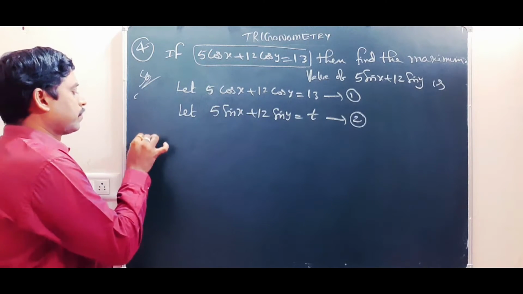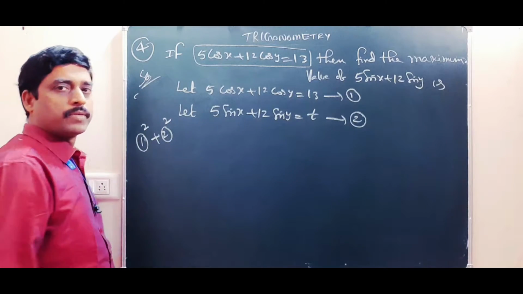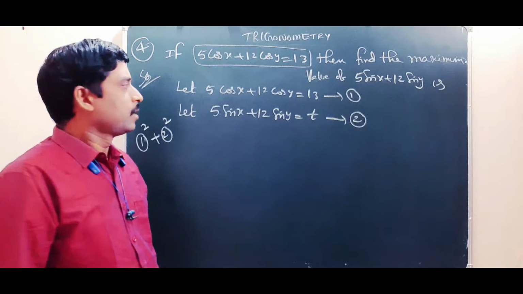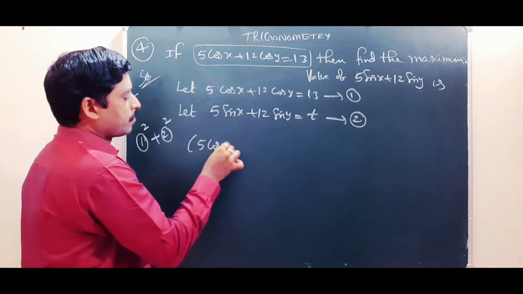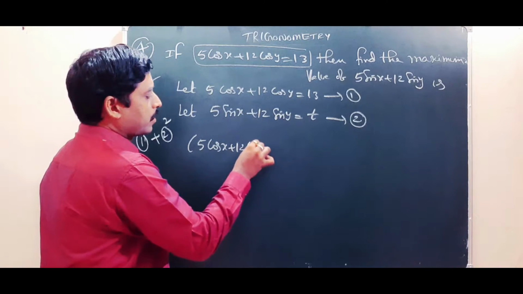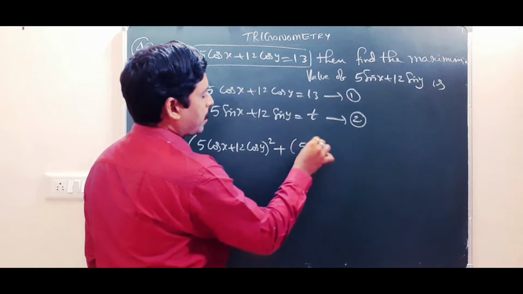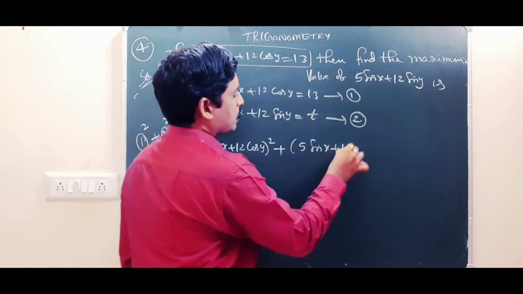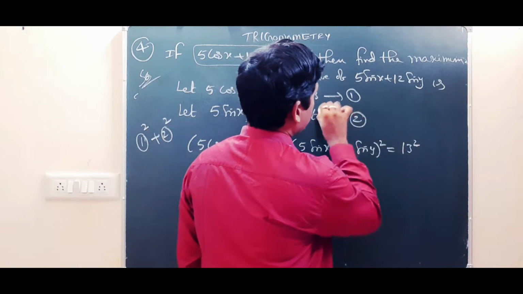Let us do equation 1 whole square plus equation 2 whole square. Now equation 1 whole square, (5 cos x plus 12 cos y) whole square, plus equation 2 whole square, (5 sin x plus 12 sin y) whole square, equals 13 square plus t square.